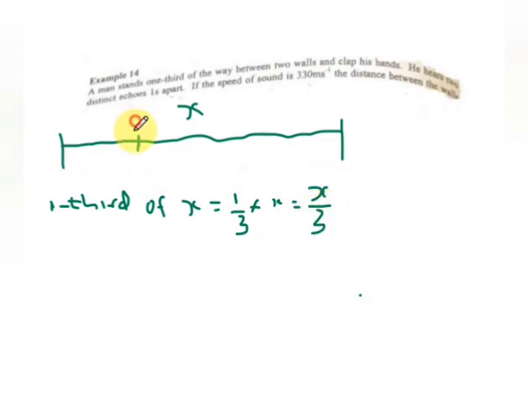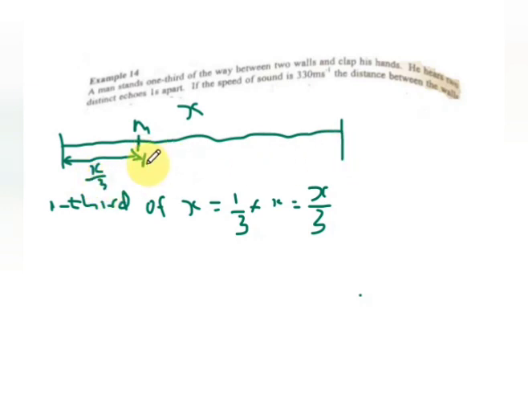Now let's assume the man is here, then the distance from the man to the first wall is x over 3.